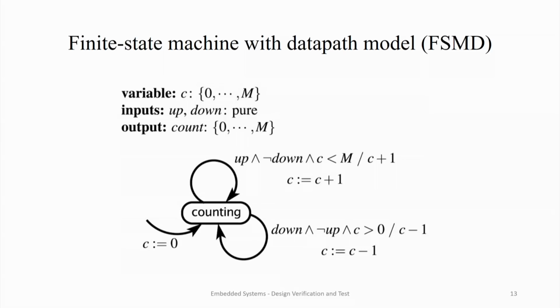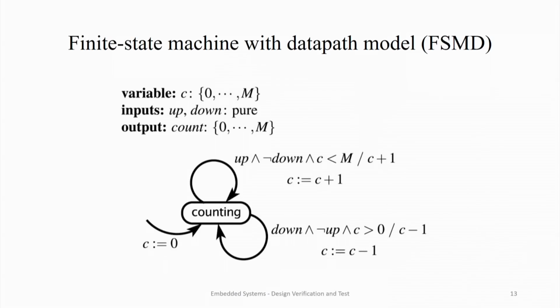Now, we said that the Mealy machine and the Moore machine that we considered for the garage counter were FSMs. Now, we said that FSMD allows certain succinctness in the specification of the models. For example, for our garage counter example, we had that whole big state machine.